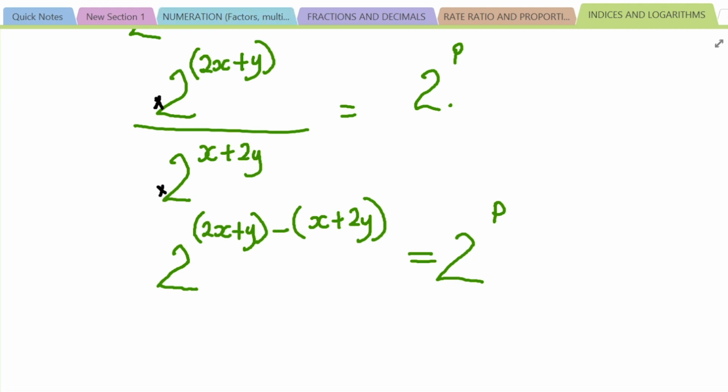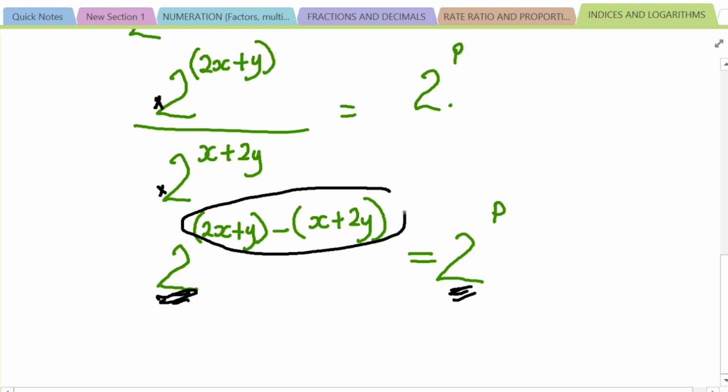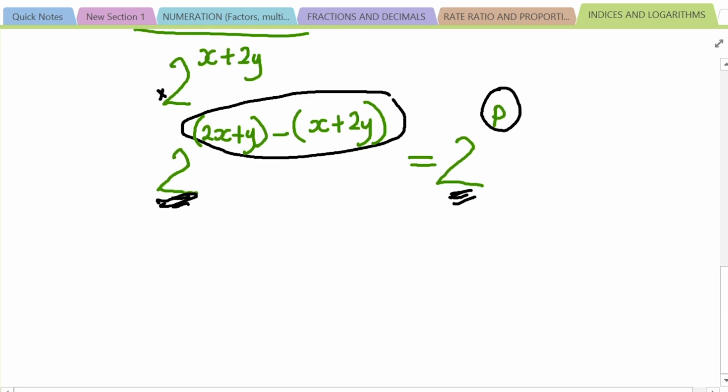So from there, we are able to see that these two bases are the same, and that 2 is the same as well. So if the bases are the same, it means the powers should also be equal. So it is from that point that we simply say that p is equal to 2x plus y minus x plus 2y.